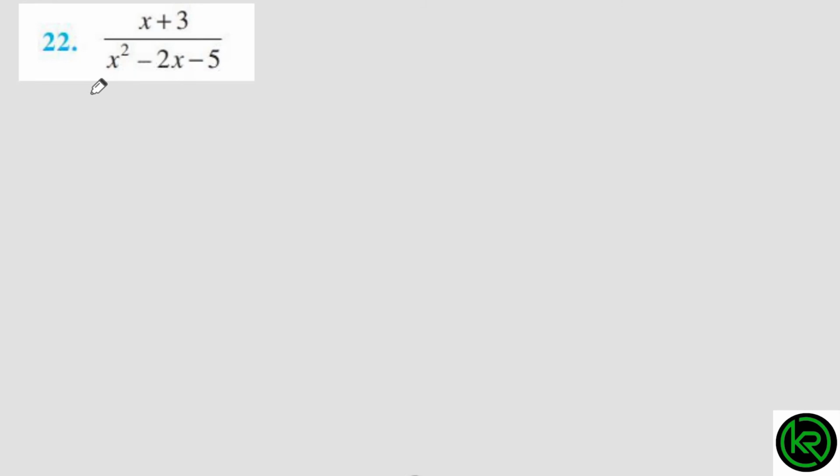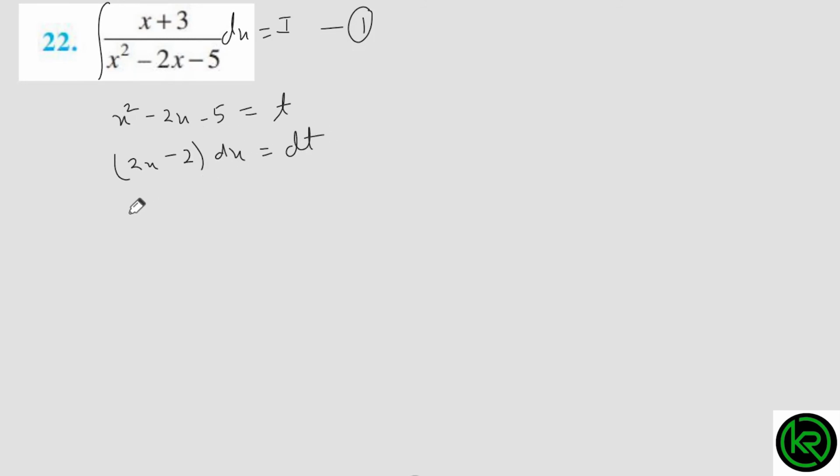Next question students, I is equal to this. Okay, this you can make the first equation, and now put x square minus 2x minus 5 equals to t, and differentiating both sides you will get (2x minus 2) dx equals to dt. Now the numerator we will split into two parts, such as a into (2x minus 2) plus b.